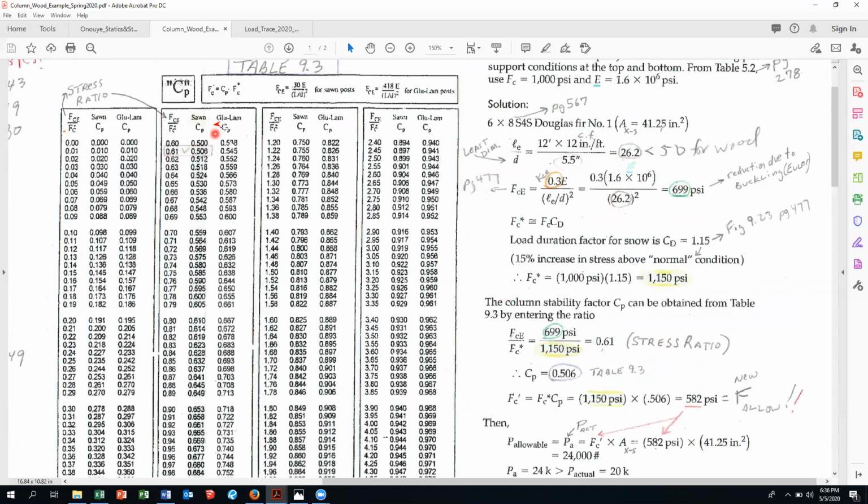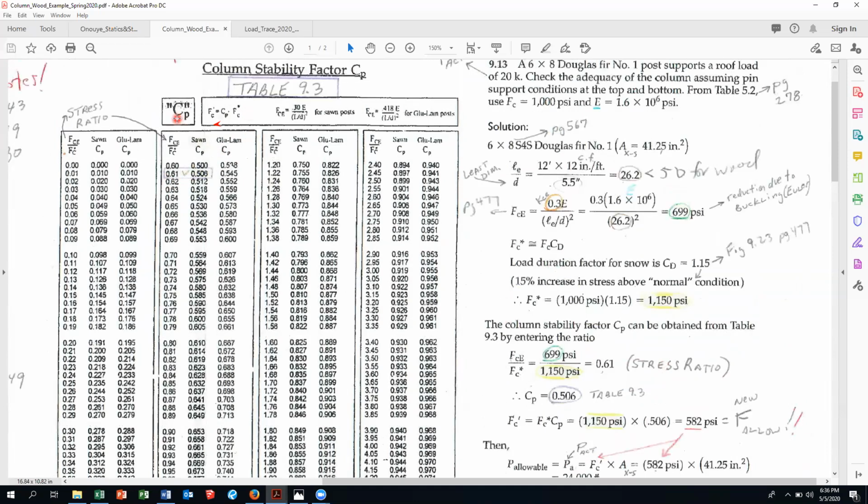We have sawn lumber, not glulam. For 0.61, our column stability factor, CP, is 0.506. We take that and multiply it by that 1150 PSI, and that gives us our new F allowable, our new allowable stress that takes into account the buckling of a column.